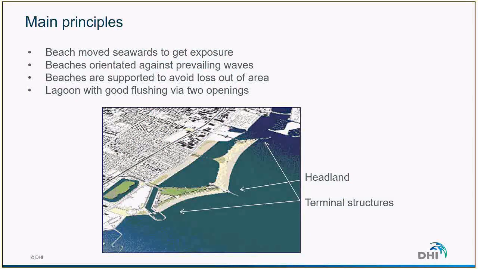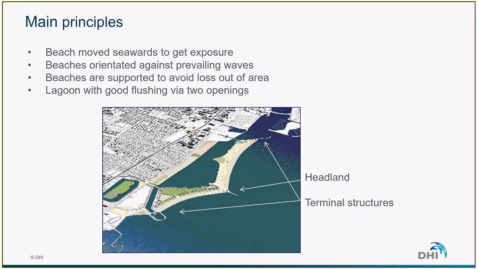So if we think about the main principles that we've detailed before and how we're going to apply them in this specific case, the beach is moved seawards to get more exposure to the waves and therefore increase the flushing of the fine sediments.